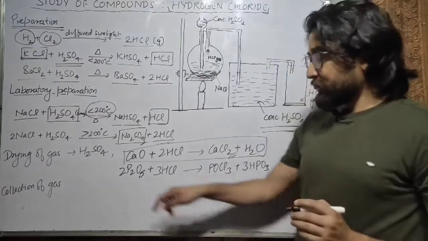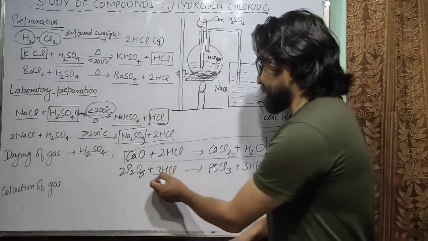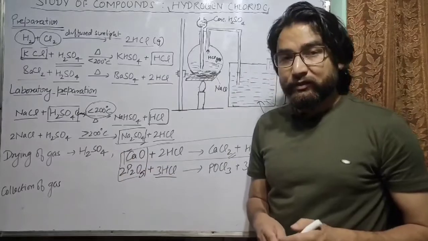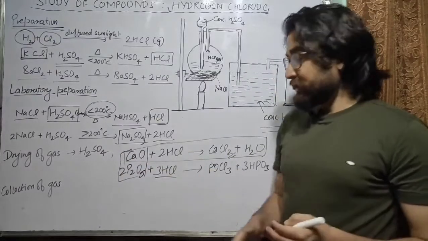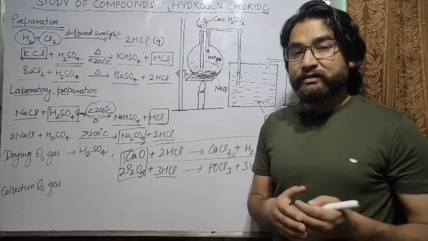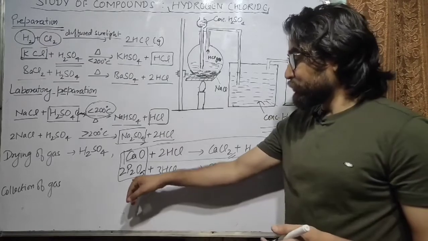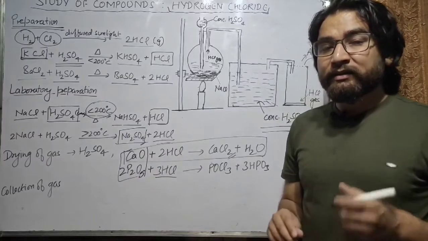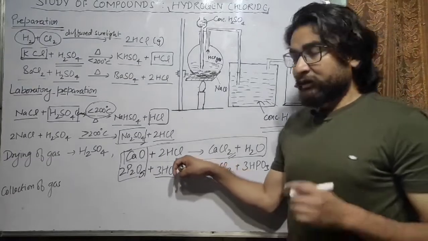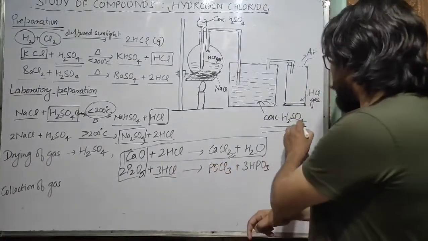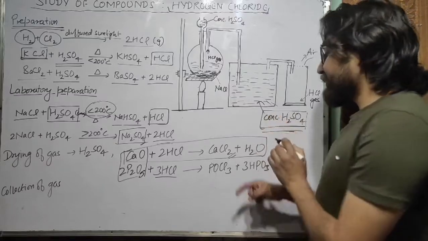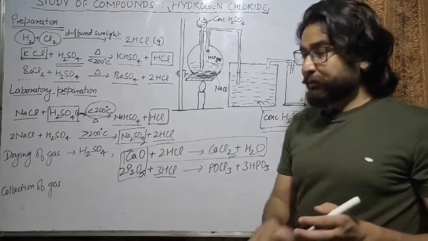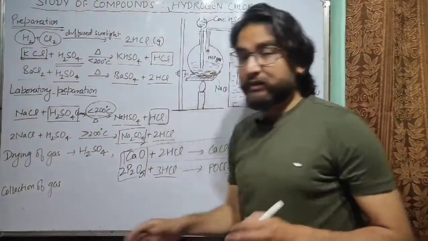So because P2O5 as well as calcium oxide reacts with HCl, it is not safe to use phosphorus pentoxide or calcium oxide as drying agent for HCl. So we use concentrated sulfuric acid for drying HCl. Now the last step, that is collection of the gas.